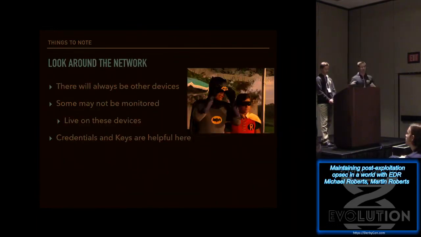And then looking around the network, probably my favorite thing. Just an example this week, I was on an engagement and I was looking around the network, looking at all the SSH banners on that corporate network, seeing what products are out there, the version numbers of SSH, and I noticed there were some Raspberry Pis on the network.